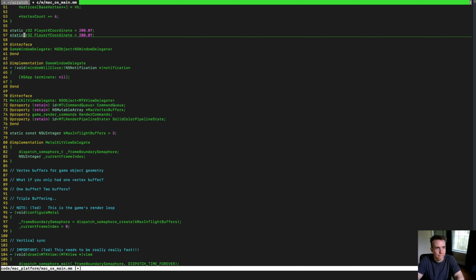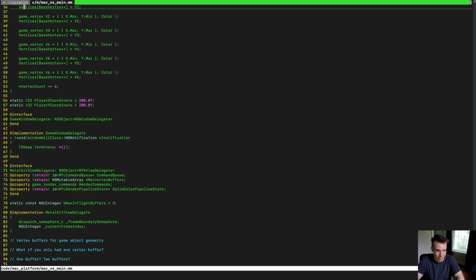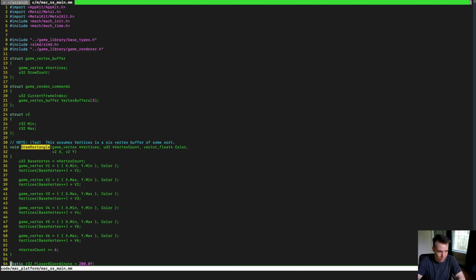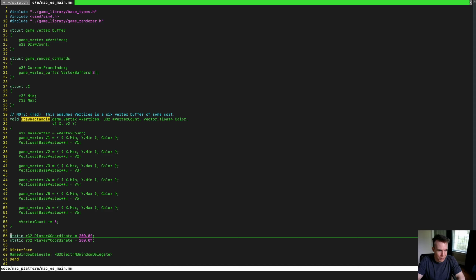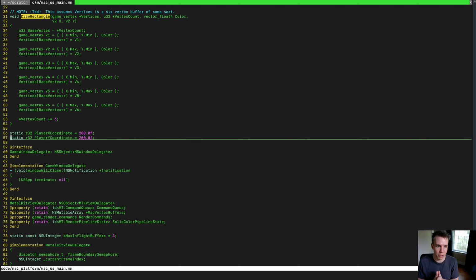We'll change it as well at some point. Now these are basically global variables at the global scope. Eventually, we're going to have a much fancier way of managing all the game state. We'll allocate our own block of memory, reserve our own memory for it.